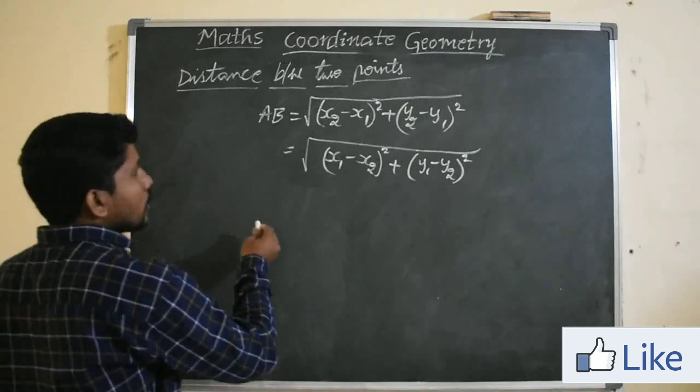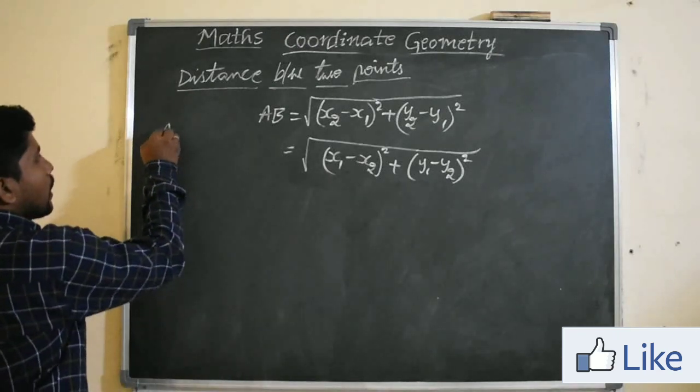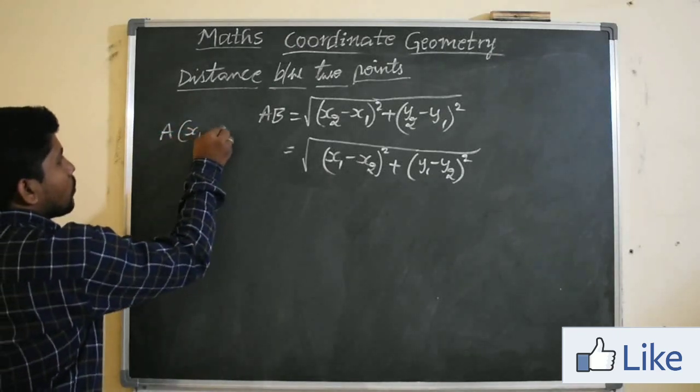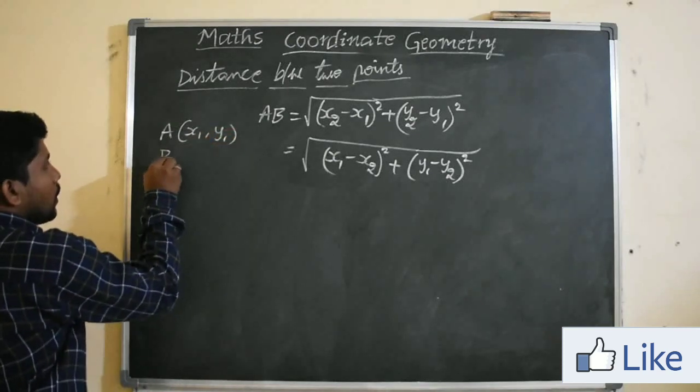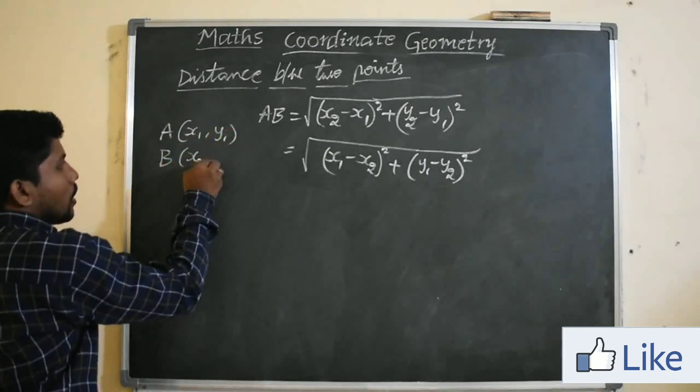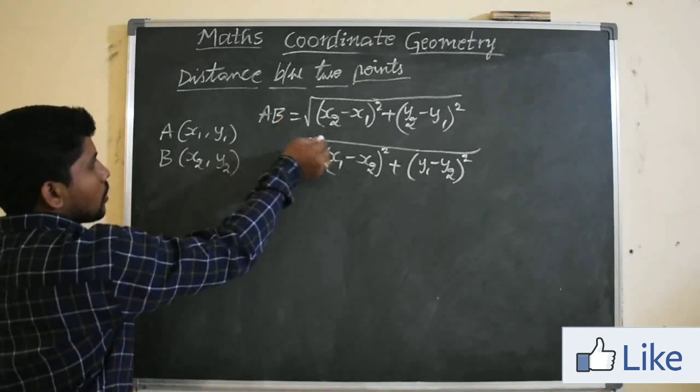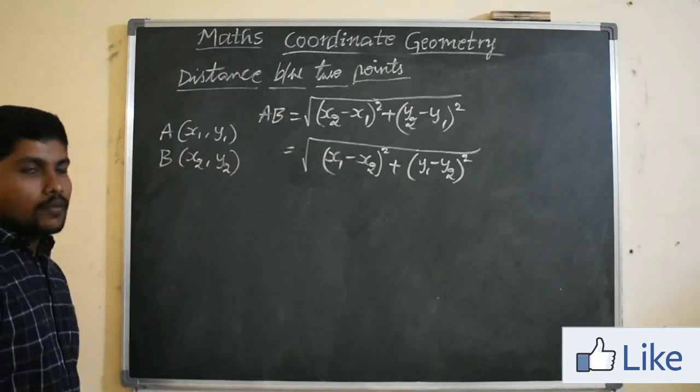Now, as we have taken those 2 points, A as x1 comma y1 and B as x2 comma y2, the distance between the 2 points is written as this formula.